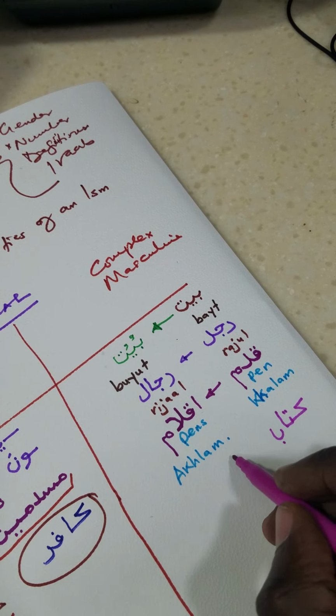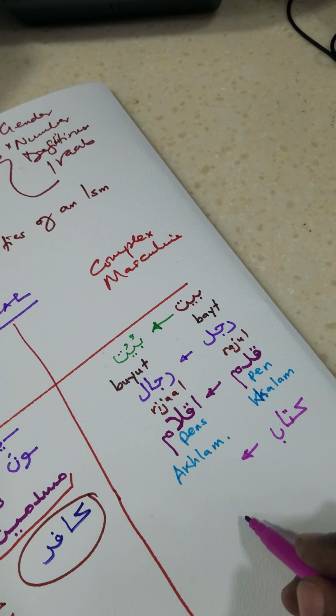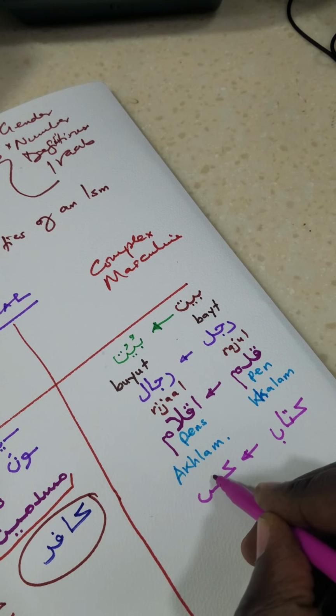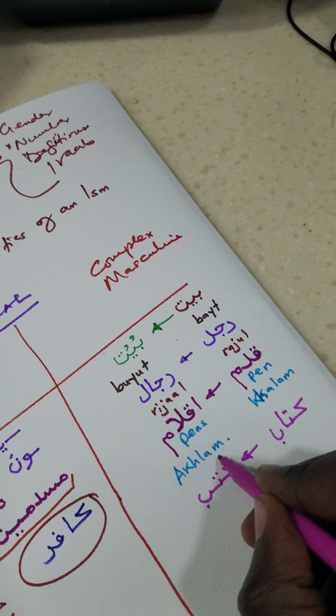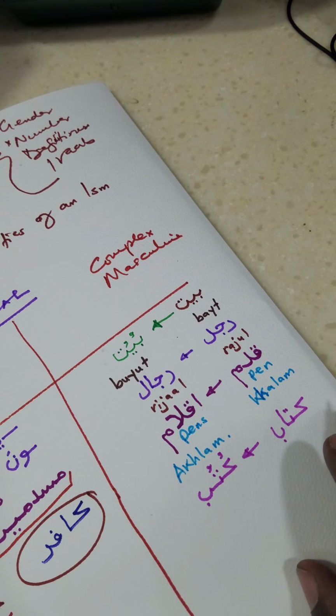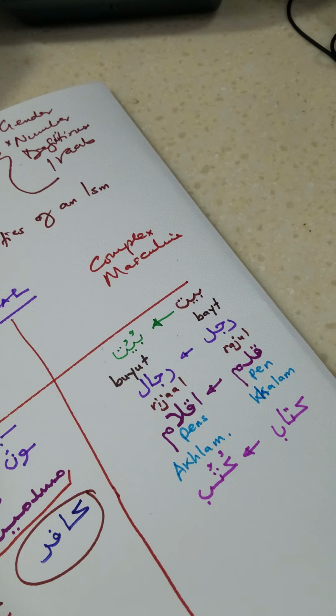If there are many books, there will be kutub. So when you look at the word, you already know that this is one book, kitab, and many, kutub. As we go along, I expect you to be enriching your vocabulary.